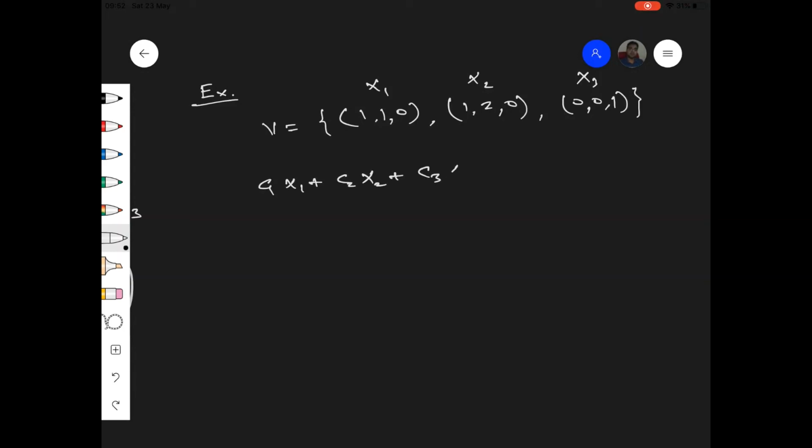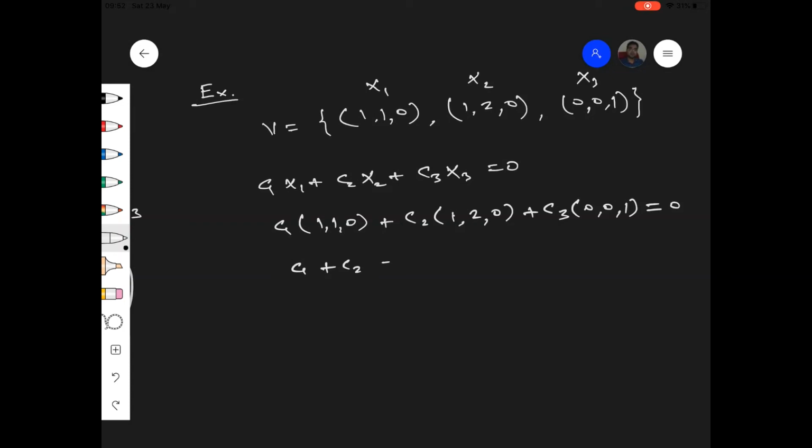So c1 times 1 1 0, c2 times 1 2 0 plus c3 times 0 0 1 equals 0. Let's rewrite the equations: C1 plus C2 equals 0, C1 plus 2C2 equals 0 and C3 equals 0.